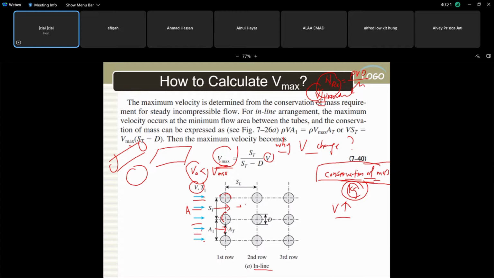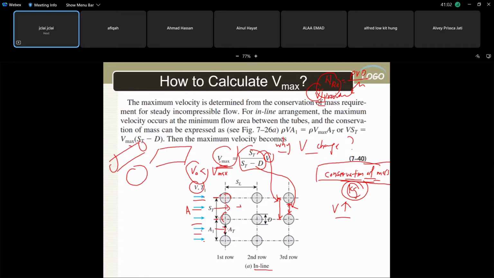So this is actually a ratio between this area, this surface, as compared to ST minus D. Meaning, this is the ratio of this area to this area.